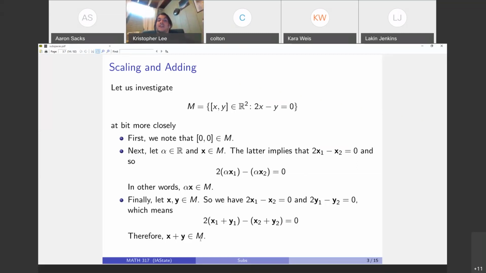They're closed. So scaling doesn't escape the set, neither does adding. So it feels like, equipped with those operations, M becomes a vector space in its own right.